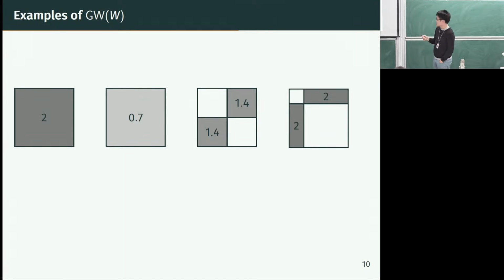The third is a bit more complicated: you take the unit interval, divide it into 2 parts, put zeros in the diagonal squares, and 1.4 in the two cross squares.